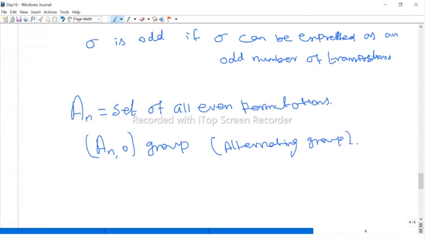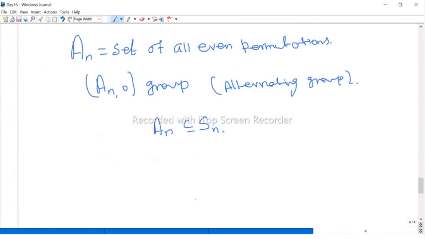This is an important subgroup of the symmetric group. This An is a subset of Sn. Now, what is the order? What is the cardinality, how many even permutations are there? The cardinality of An should be n factorial by 2.